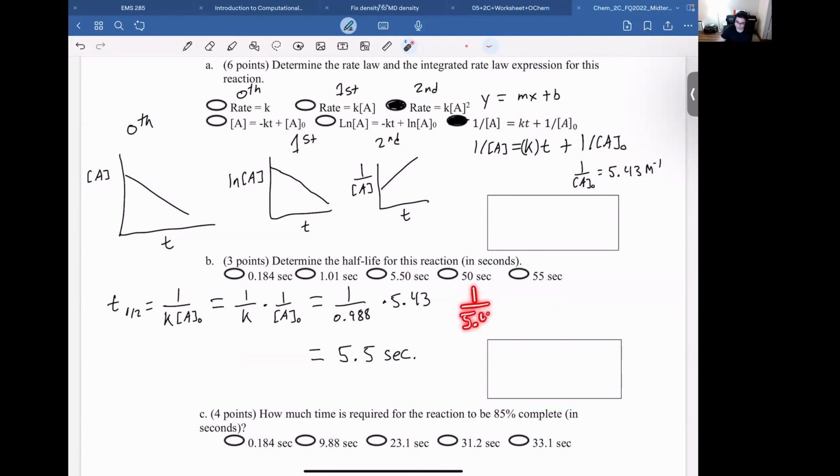Or this, 1.43 times 0.988, or this, and then all of that under one. So he did one. Okay, okay.